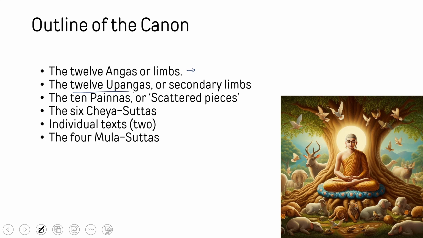Then the 12 Upangas or secondary limbs or subdivisions. Then the Painas or the scattered pieces. Then the 6 Chheda Sutras. Then individual texts and the 4 Mula Suttas. Each of these we will deal with in a little bit of detail.